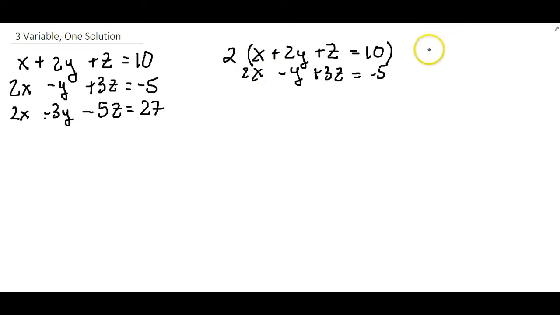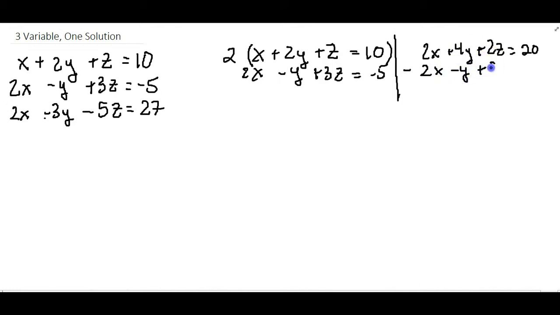So we end up with 2x plus 4y plus 2z equals 20. And from that, we need to subtract our second equation. So we have minus 2x minus y plus 3z equals negative 5.